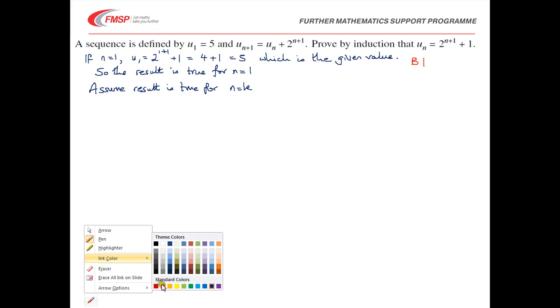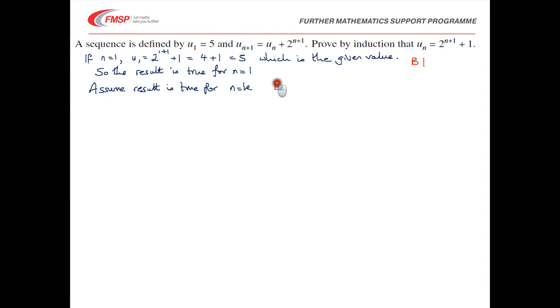You need to write that down just like that for your first explanation mark. It's then worth writing, i.e. you are assuming that uk is equal to 2 to the k plus 1 plus 1. From that you say, well, uk plus 1, the definition you're given is uk plus 2 to the k plus 1. That's what you're given up there.